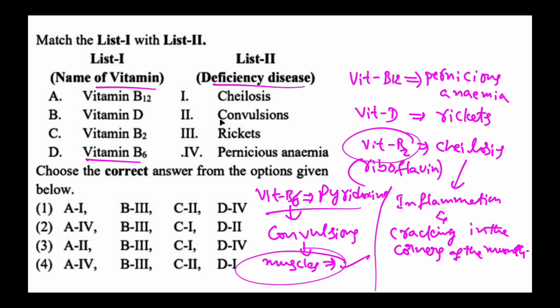That is called convulsions. So the correct option is the second option: vitamin B12, pernicious anemia, then vitamin D, rickets, then vitamin B2, that is cheilosis, then vitamin B6, that is convulsions. So this is purely based on NCERT textbook.